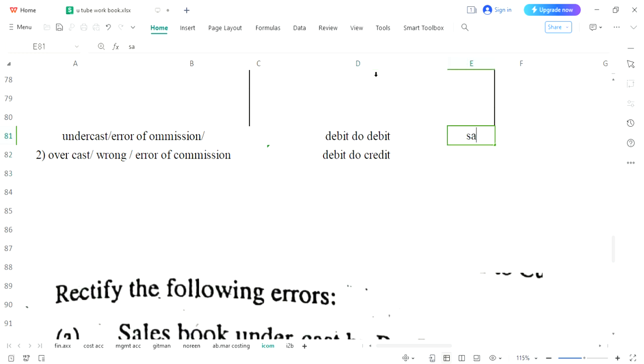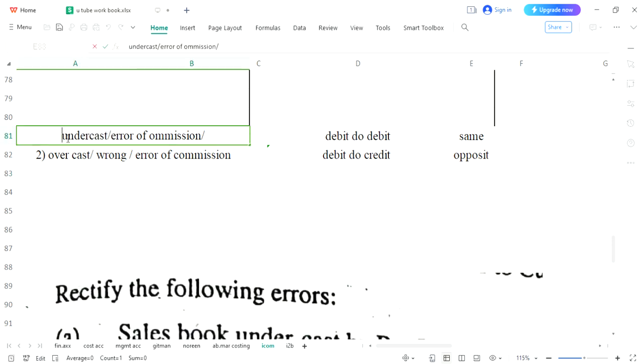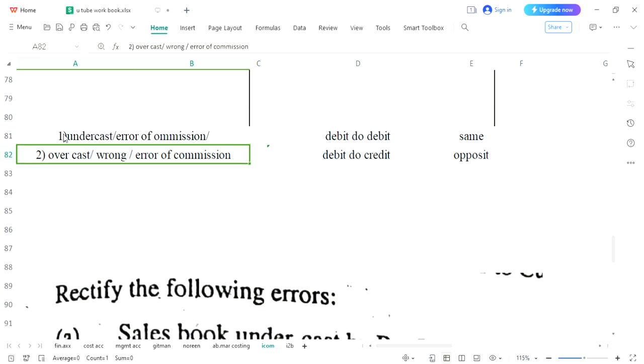In undercast we will be entering on the same side; in case of overcasting, we will write it on the opposite side. This we have already understood in banking reconciliation statement, BRS, but for the time being we need these rules. That is why I have written them again. So it is requested that you please understand and make a good memory of these rules, undercast and overcast.